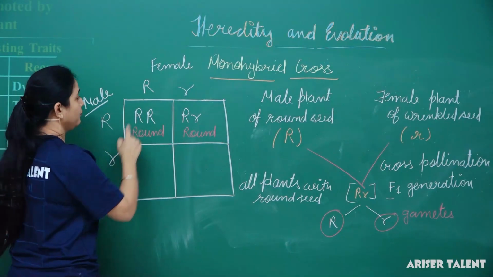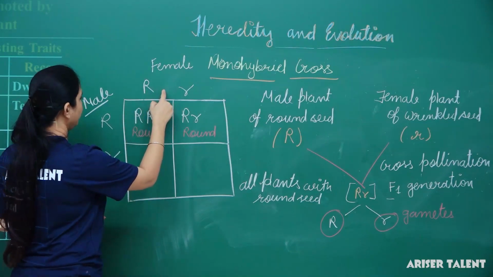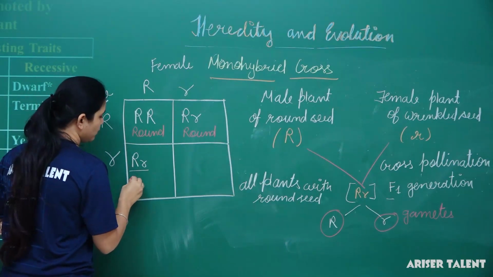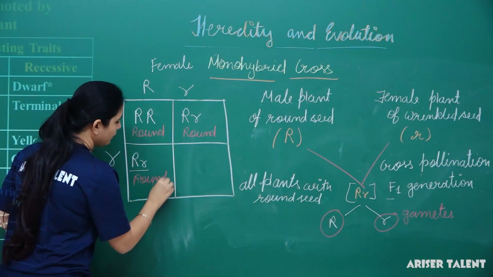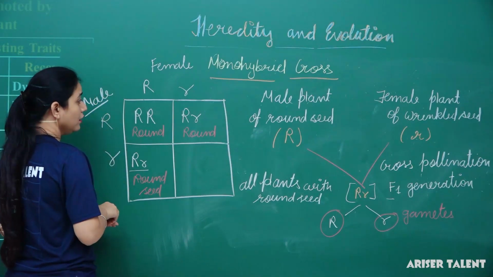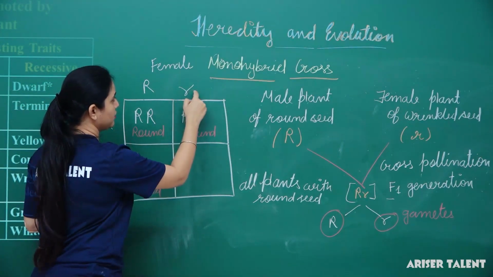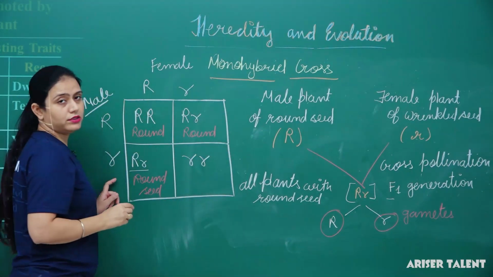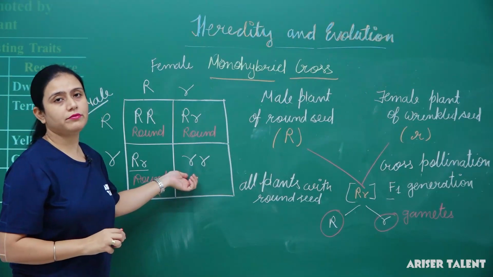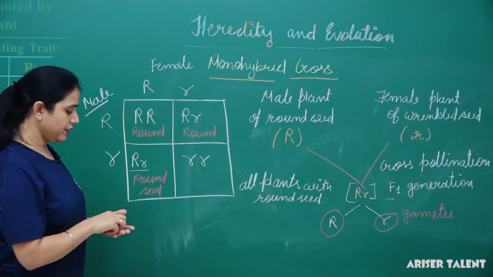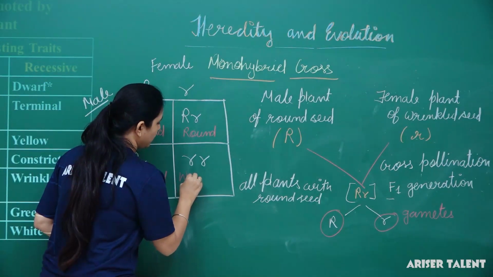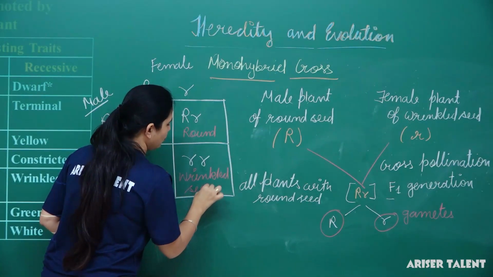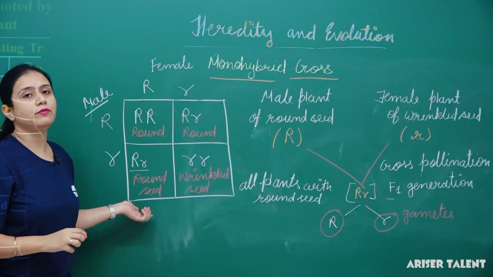When the pollination happens between the other female and male gametes, again capital R is dominant, so it will be round seed. When the pollination is done between this female gamete and this male gamete, both gametes have small r, meaning it will have wrinkled seed.